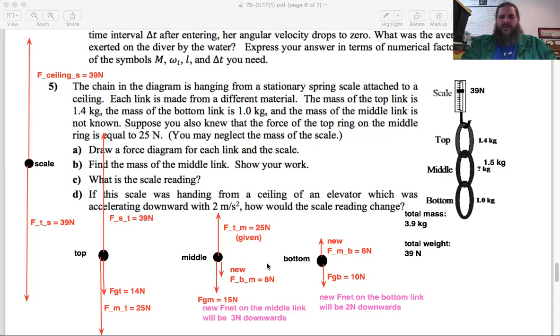So we need these forces to add up to 3 newtons downwards. We've got 15 newtons downwards worth of gravity. Can't do anything about that. 8 newtons downwards from the bottom link because of Newton's third law. So what does the new force from the top link have to be to make these add up to 3 newtons downwards?